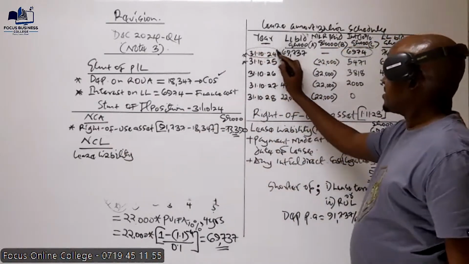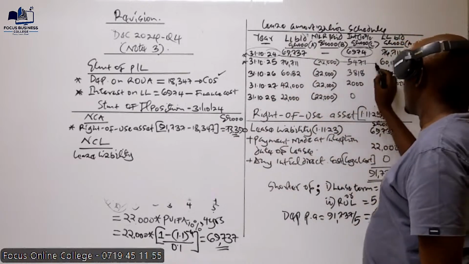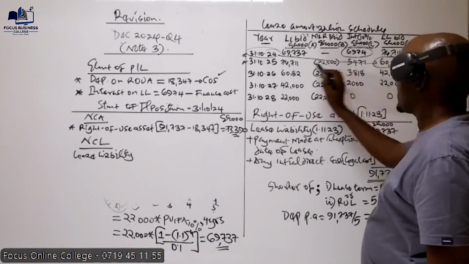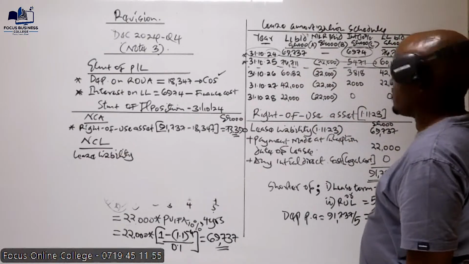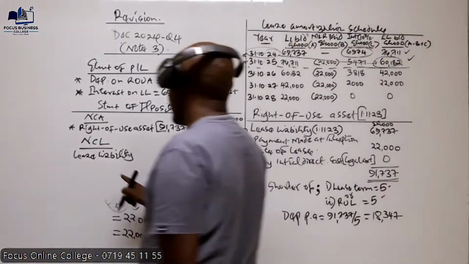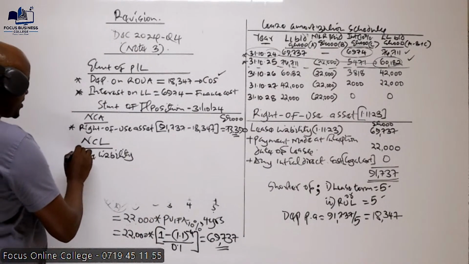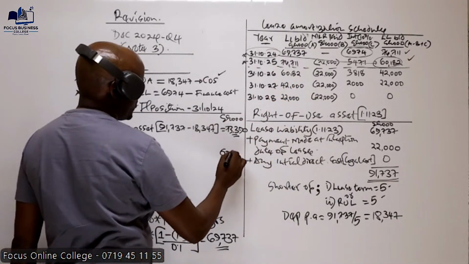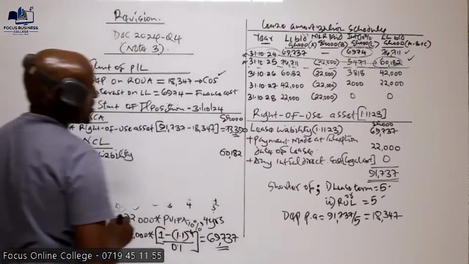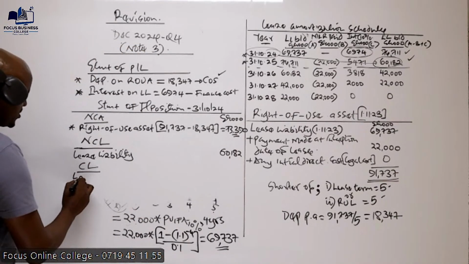At the end of the first year, the amount to be recognized as a non-current liability should be the lease liability at the end of year 2. That's why I'm saying it was a must for you to prepare the lease amortization schedule for year 1 and for year 2. So the lease liability to be recognized as a non-current liability is that amount, 60,182. And then still there was a lease liability which was supposed to be recognized under the current liabilities.